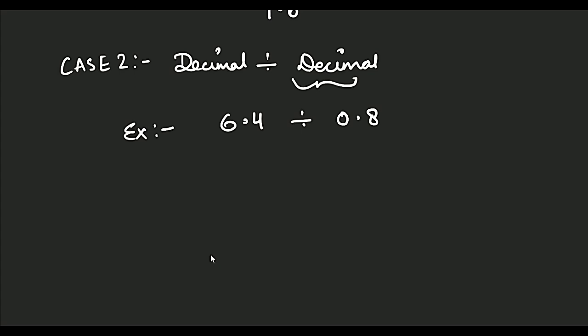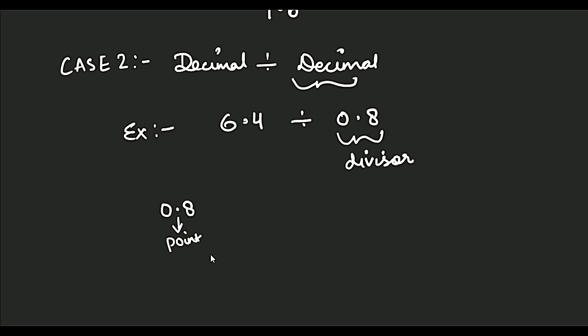Whenever you are making your divisor a whole number, and this is my divisor, the rule is you have to move the decimal point to the right in both of the numbers. The divisor here is 0.8. This is my decimal point, and we count how many digits are after the decimal point.